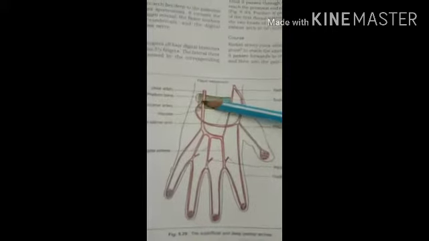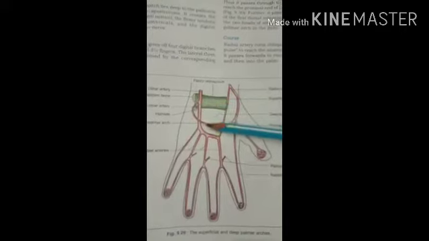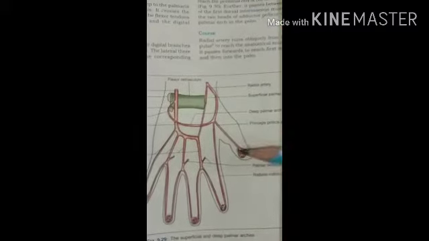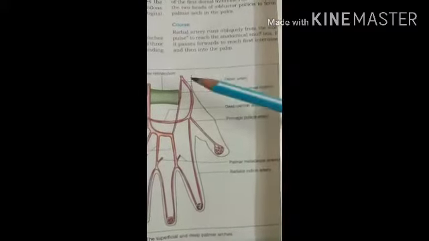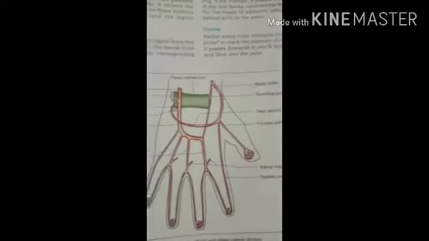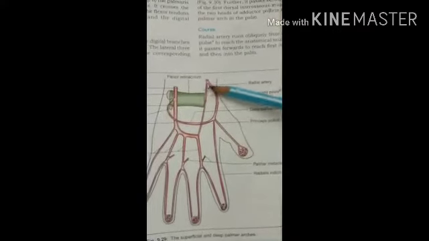Here is the ulnar artery, and it joins with the palmar carpal arch of the ulnar artery. And the last branch is the superficial palmar branch. Here you can see the superficial palmar branch, this one.